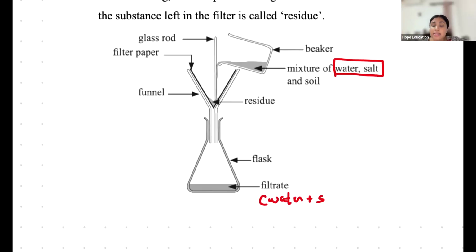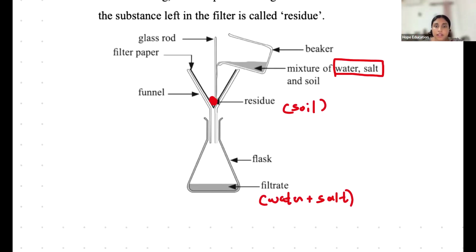But soil does not mix in water well, so the soil remains here. Water and soil are heterogeneous, so they don't mix. The soil remains in the filter, and the water and salt are filtered and fall below.